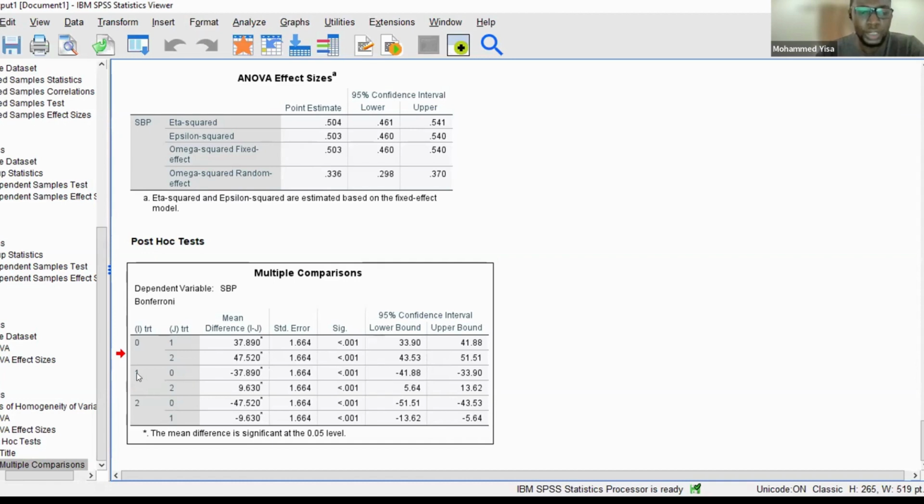Some of them are duplicate results because we have already compared 0 versus 1. Looking at 0 versus 2, it's also statistically significant. And coming to this row, 2 versus 0 is statistically significant, 2 versus 1 is statistically significant.